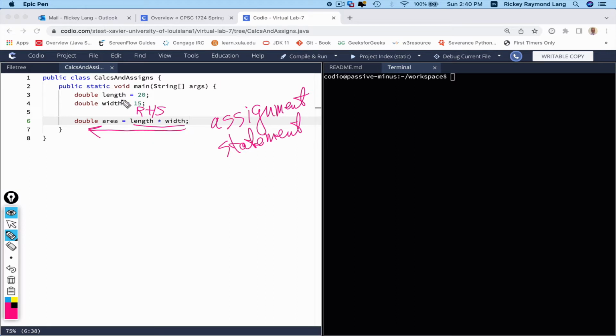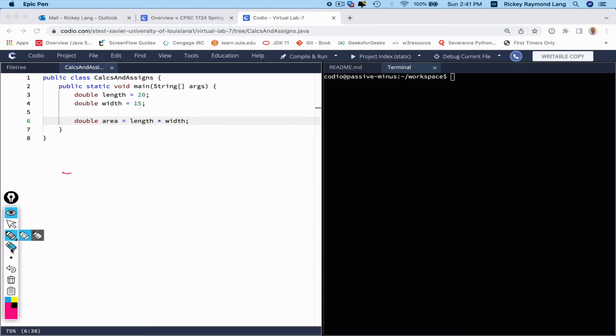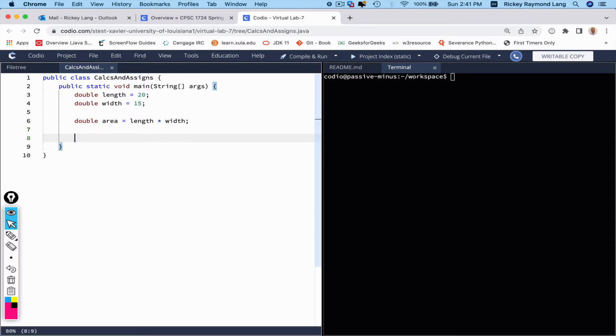The runtime system is going to look up the value of length, look up the value of width, multiply those two things together, and then assign the result to the left-hand side, which will frequently be a new variable, but it doesn't have to be. It can be an existing variable. And we can print the result, something like this.